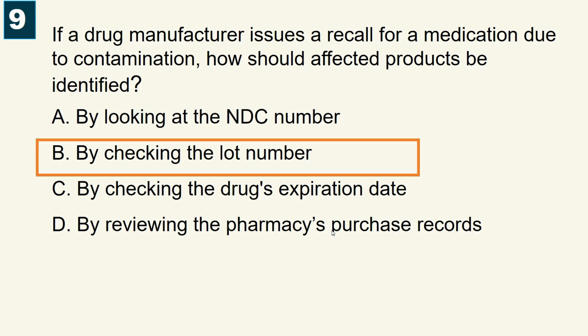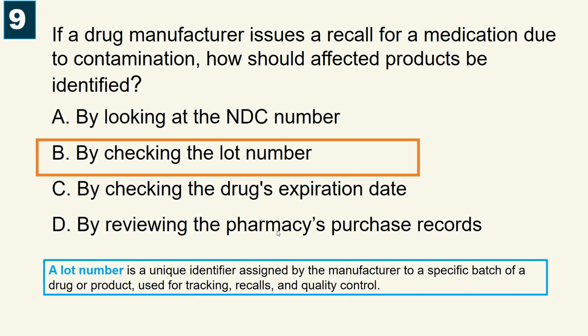Correct answer is checking the lot number. So the lot number is used for tracking drug recalls, because the lot number is a unique identifier assigned by the manufacturer to a specific batch of a drug or product, and that is used for tracking recalls and quality control.